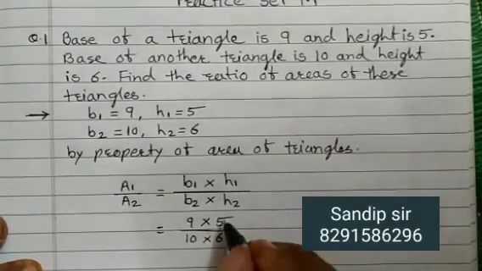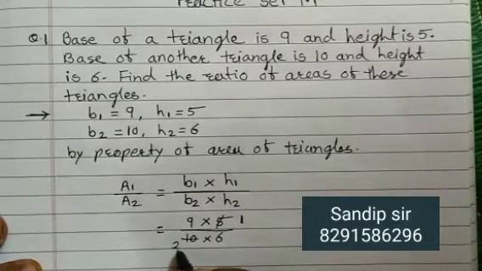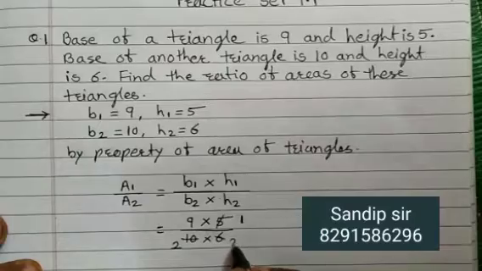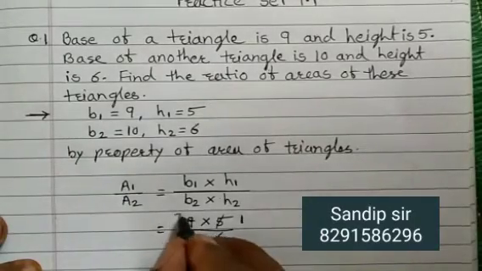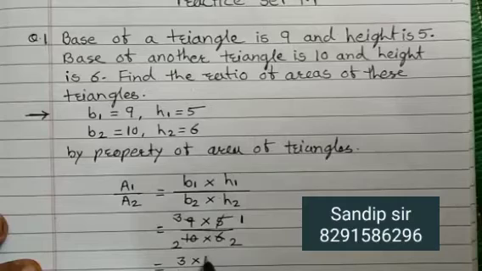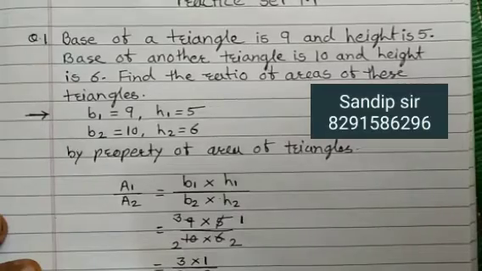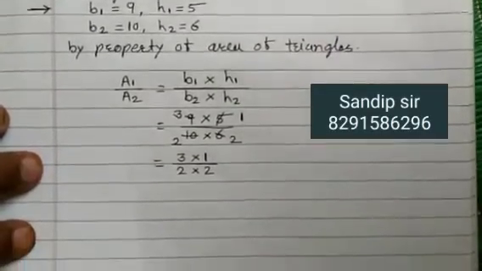Now divide it. 5 ones are 5, 5 twos are 10. 3 twos are 6, 3 threes are 9. Now what's the remaining? Remaining is 3 into 1 in the numerator, 2 into 2 in the denominator.